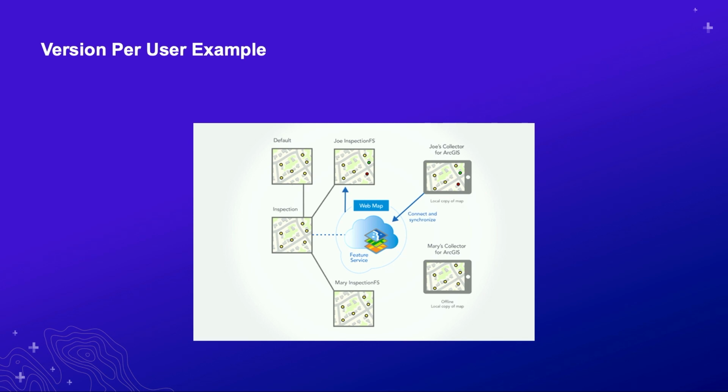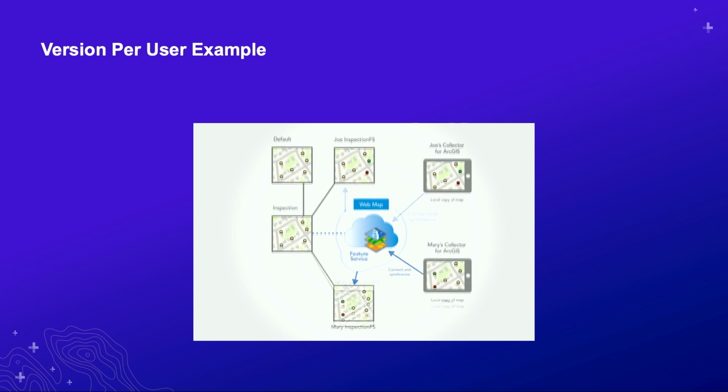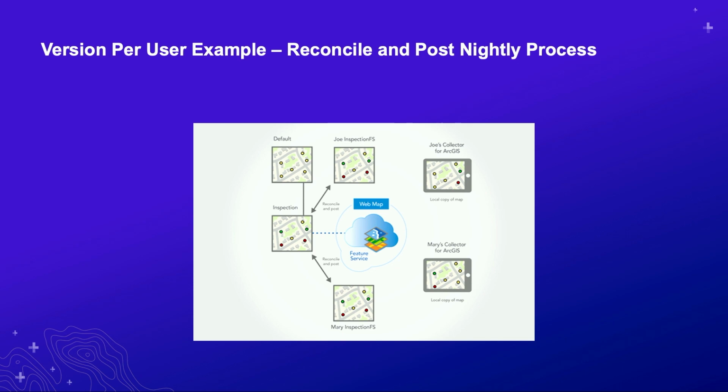And then when we see these changes being made, they go, as I said, directly into their versions. And then you can perform a reconcile and post nightly, so you can get the changes that are being created out in the field and push them to the inspection version with this nightly process.